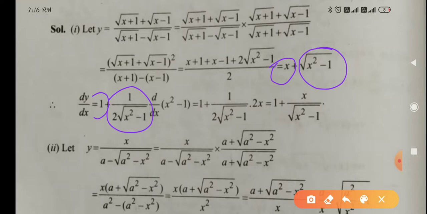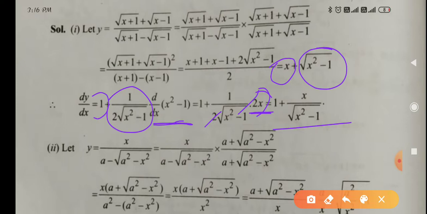Now it was not x, so differentiation of x square minus 1 will again come in multiplication. So 1 plus 1 upon 2 into under root (x square minus 1) into the differentiation of x square minus 1, which is 2x. This 2 will be cancelled. Final answer: 1 plus x upon under root (x square minus 1).